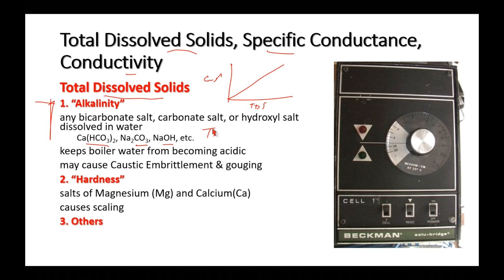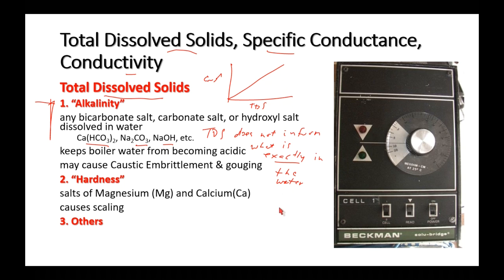So TDS or conductivity does not tell us exactly what species are present dissolved in water. Basically, it just tells us that the boiler water is really, really soupy. It's really thick and chewy, or it's nice and clean.